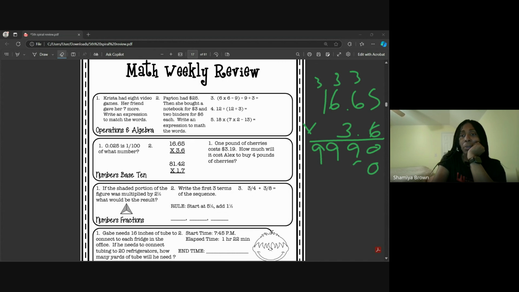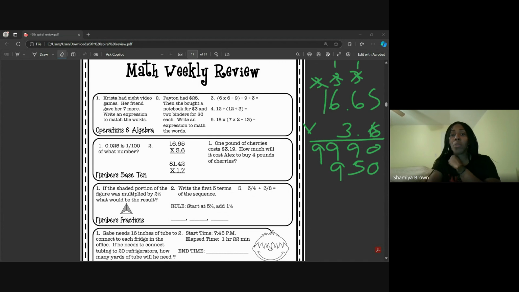Let me mark this out so I remember that I've already used it. Put my 5, carry my 1. 6 times 3 is 18, plus 1 is 19. 6 times 3 again is 18, plus 1 is 19. 1 times 3 is 3, plus 1 is 4.